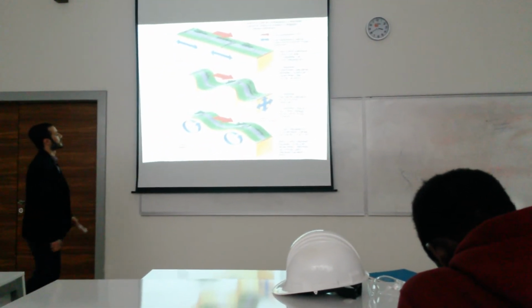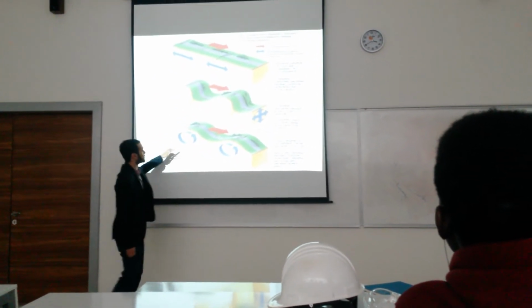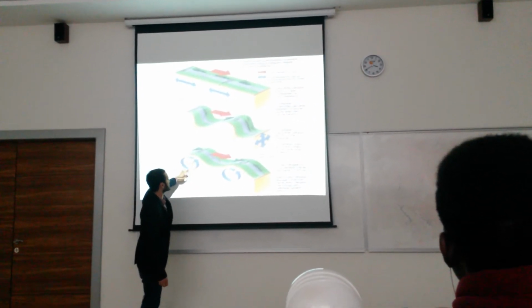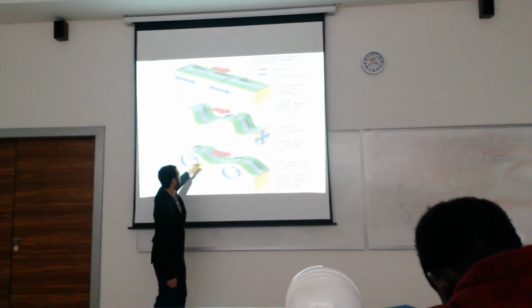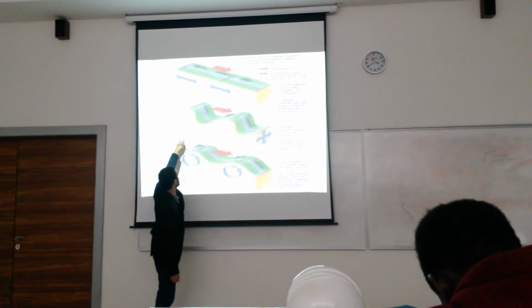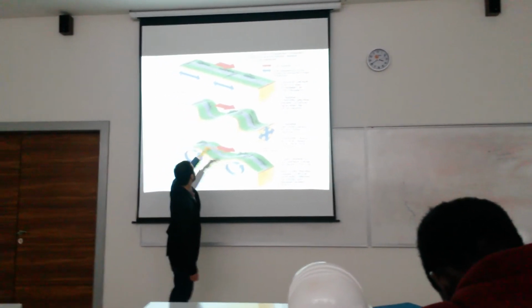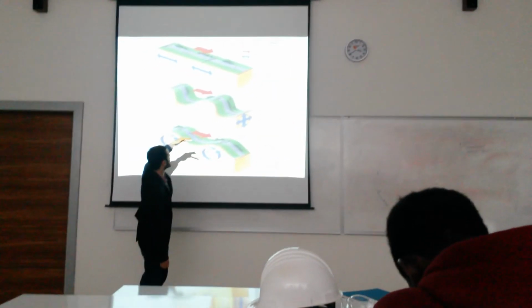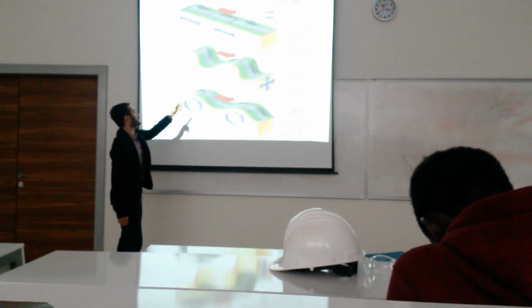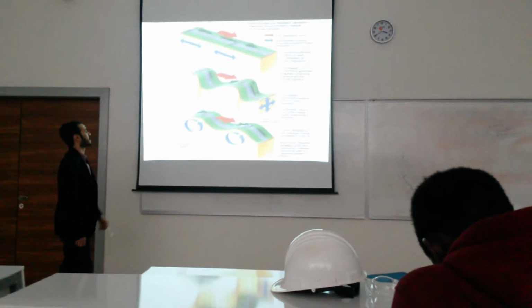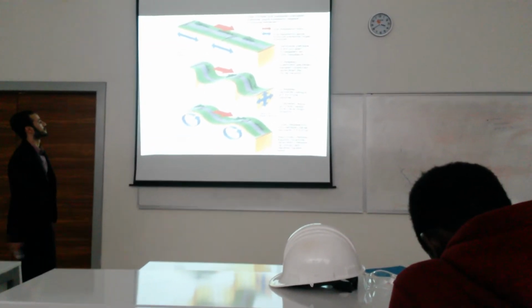Yeah, as I mentioned, you see this one goes in a pushing motion from A to B, and this one is the P wave, and this one goes from A to B with a jumping motion. This one is my secondary wave.